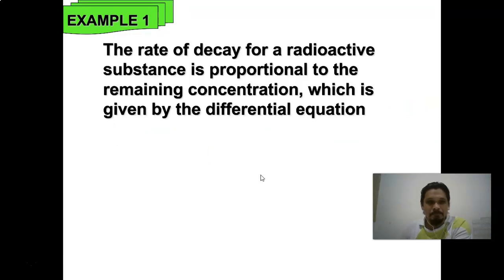Okay, the rate of decay for a radioactive substance is proportional to the remaining concentration, which is given by the differential equation dx/dt equals negative kx. Radioactive substance: if we refer to physics, a radioactive substance has a term that we call half-life.